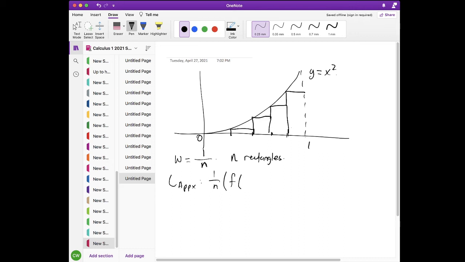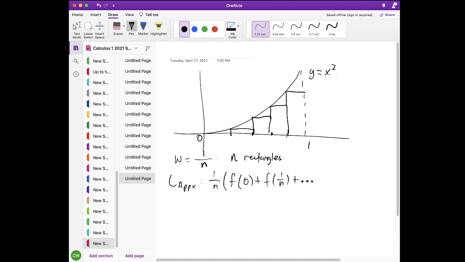What's the first length? What's a in this case? 0. So we start from 0 and go 1 over n, and keep going.